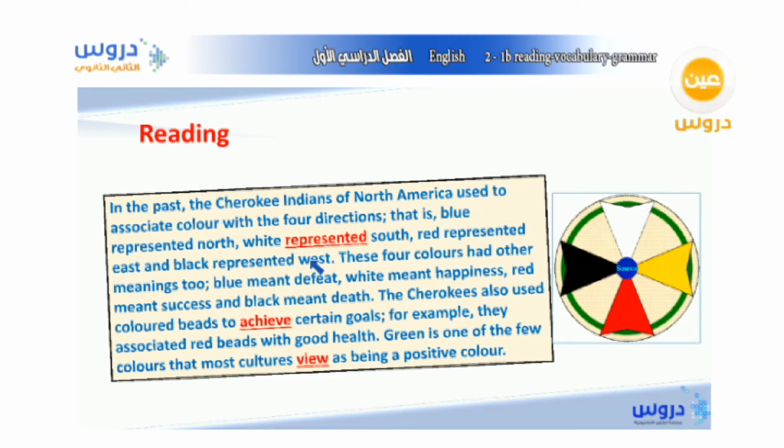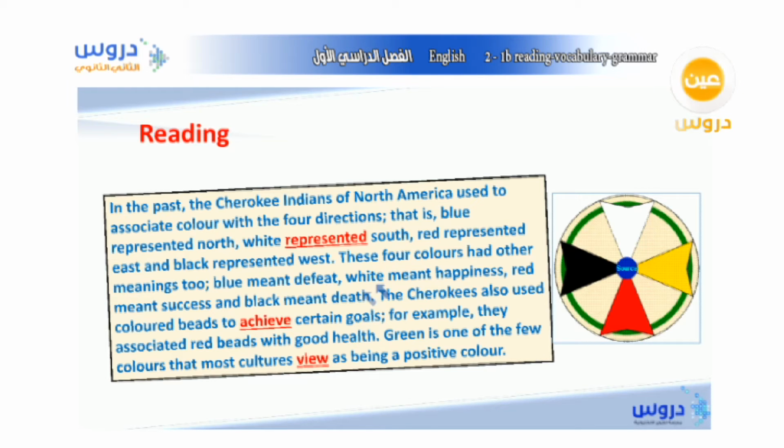So you can have colors that, white represents south, and red represents the north, and east for the black, and west for yellow. So people even used colors to tell directions. Now these four colors had other meanings too.